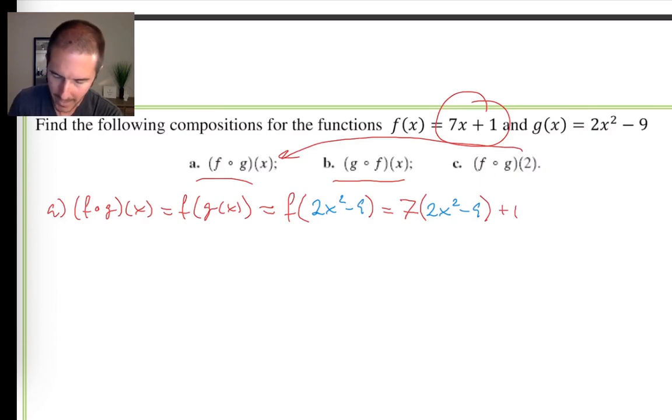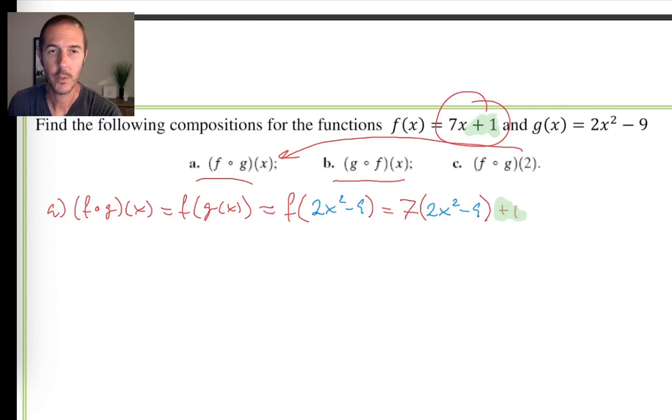And the 1 that I'm adding right here is this plus 1 up here. So that's the entirety of my f function, my outer function. Not a bad idea, honestly, if you're using two different colored writing utensils, or if you have a highlighter that you want to use. Keeping track of where these numbers come from as they sort of appear somewhat magically in our work can be a little tricky. So highlighting different elements like that and making sure the colors match up might be helpful to you.